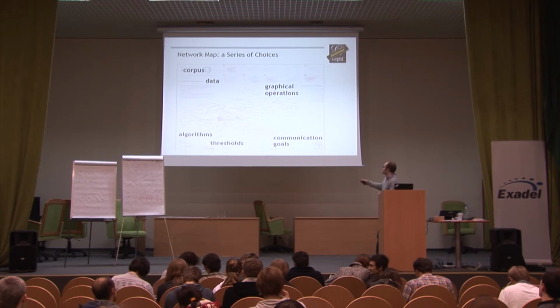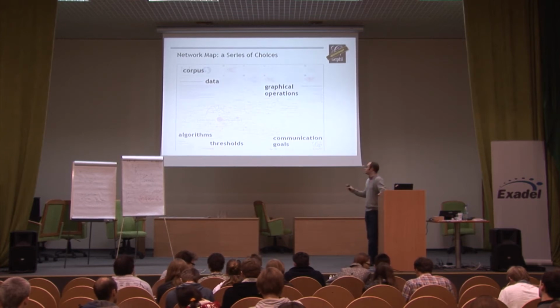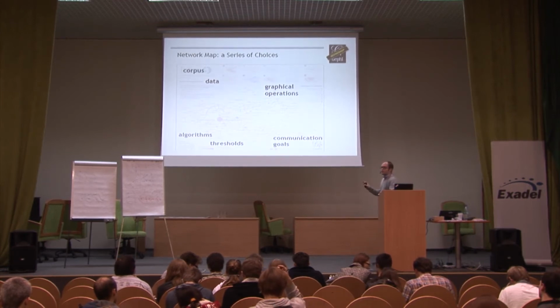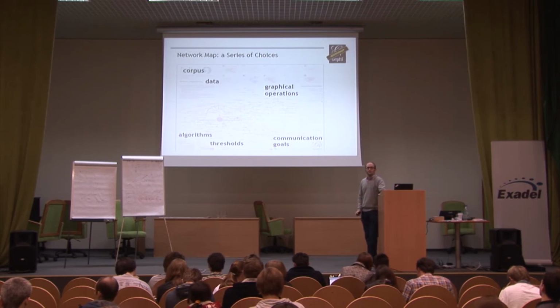Sometimes it has very strong implications. We also had a series of graphical operations, colors, size, etc., which will mean very different things. And something also that you have to really keep in mind when you see a visualization: what is the goal? What is the point of presenting this kind of visual?